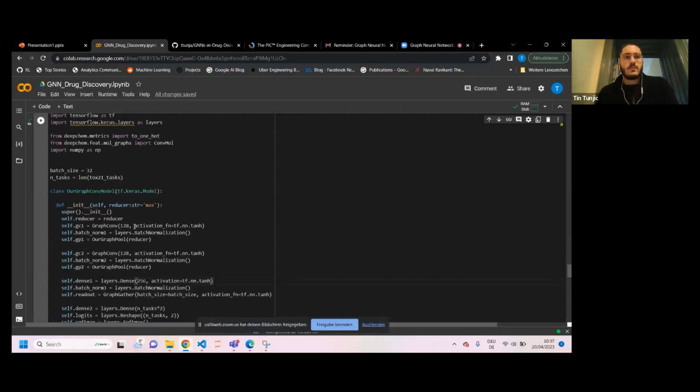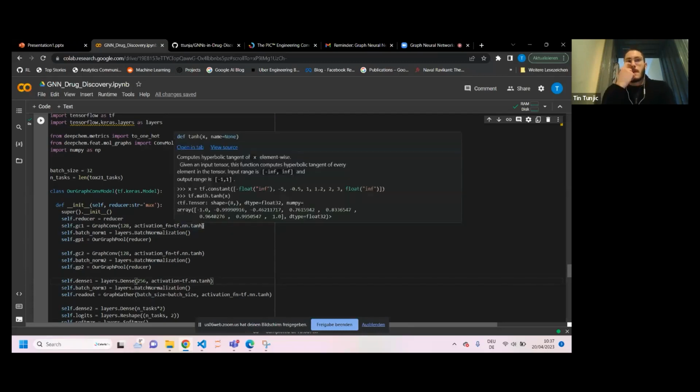For all of those graph convolutions, we use the activation tanh, the hyperbolic tangent function. This is not something that needs to be thought through; I just took one of the activation functions. Also, this model is not completely optimized, as you'll see in the prediction.